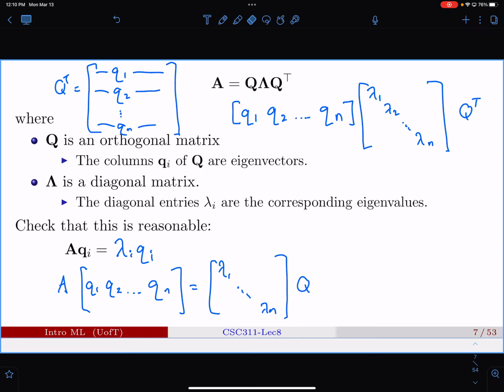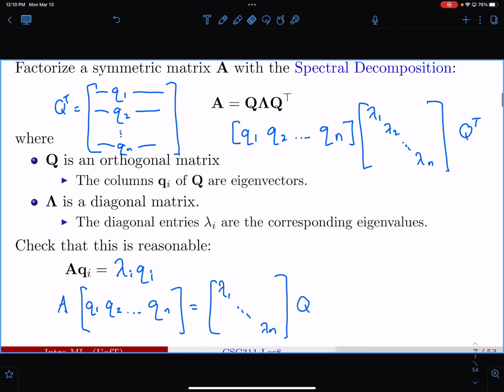Essentially you can rearrange and you should be able to get the spectral decomposition.